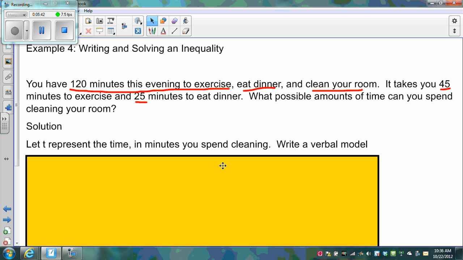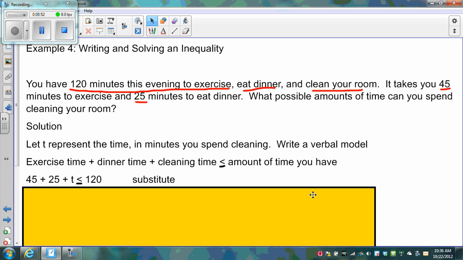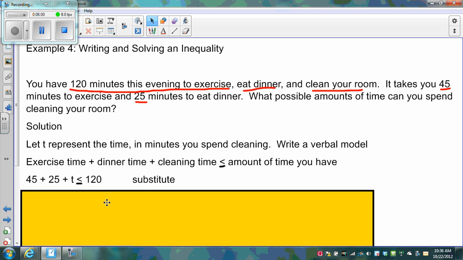The first thing is to write a verbal model. Exercise time plus dinner time plus cleaning time must be less than or equal to the total amount of time you have. Now we can substitute the numbers: 45 plus 25 plus T is less than or equal to 120.